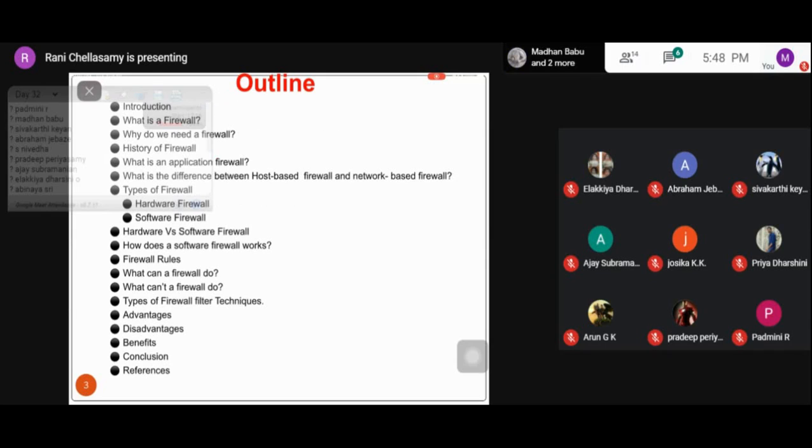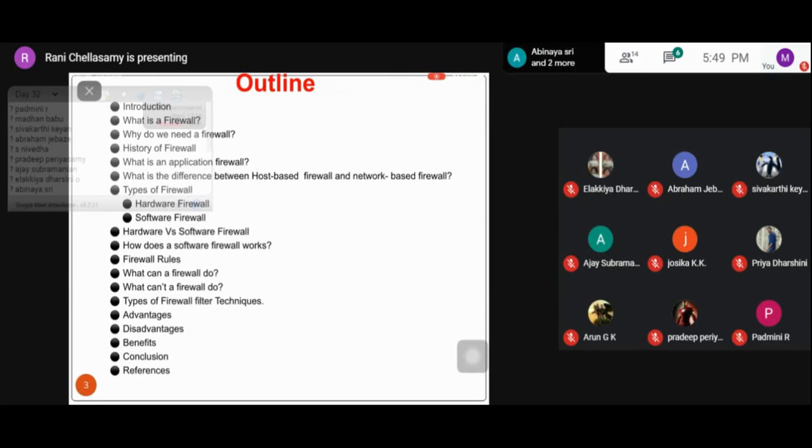Let's see what is the introduction part of firewall, and what is meant by a firewall, and why do we need a firewall, and we'll be seeing the history, how the firewall emerges into the computer security or network security.